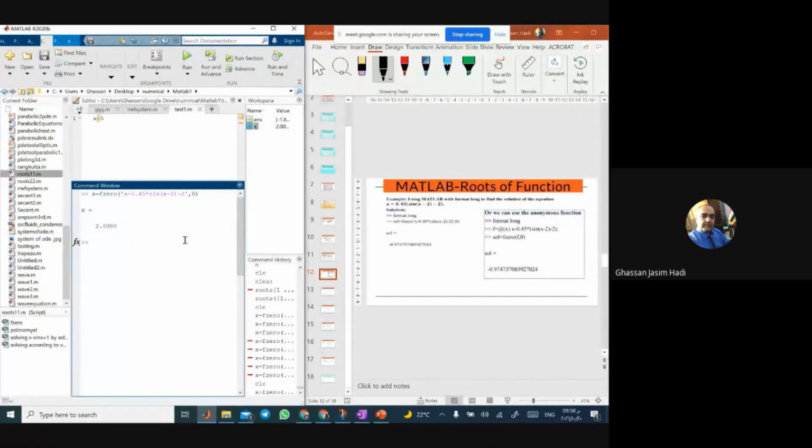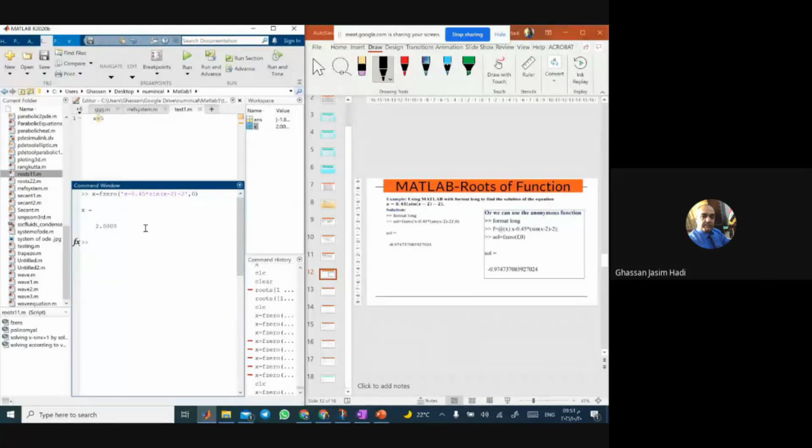Now, what's the difference between this solution in the example and this PowerPoint? He says minus 0.97, and here you say 2.